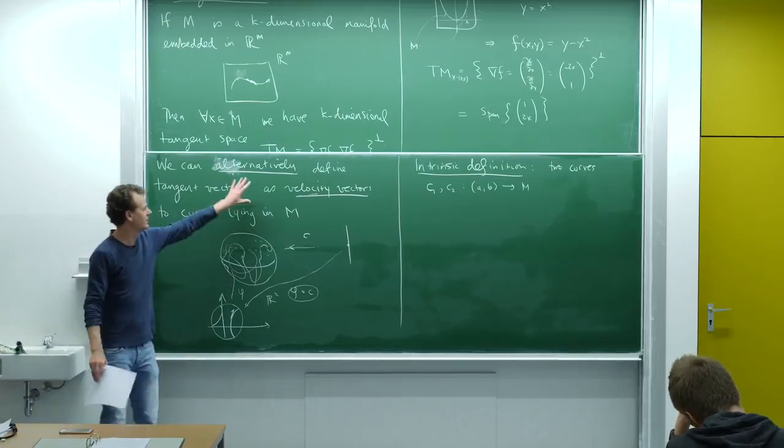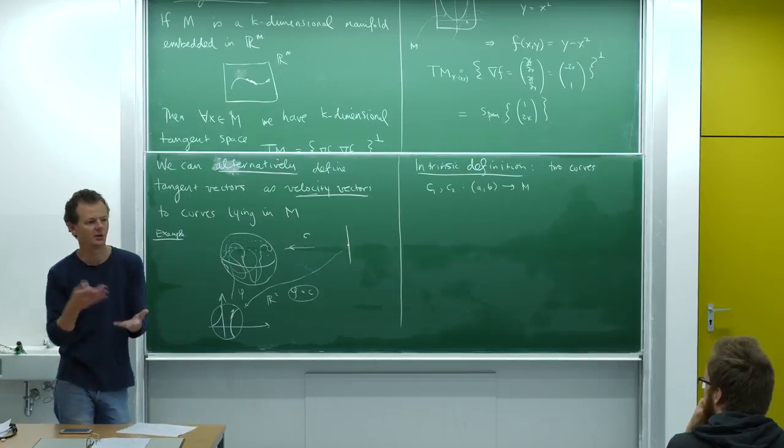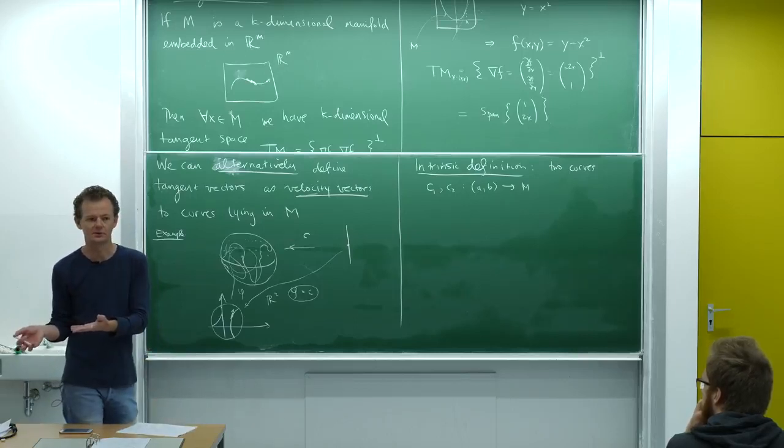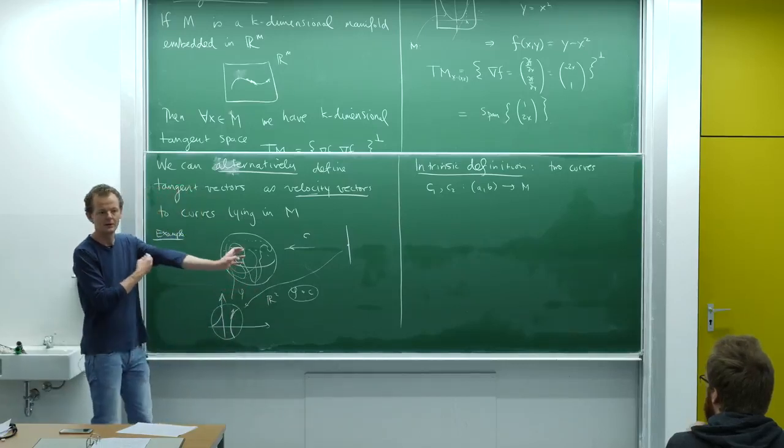And that trick's motivated by this velocity vector construction. So the idea is we're not going to directly define a velocity vector to be a tangent vector. It still depends on embeddings and so on.